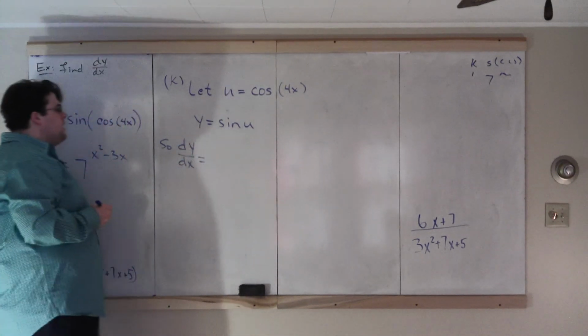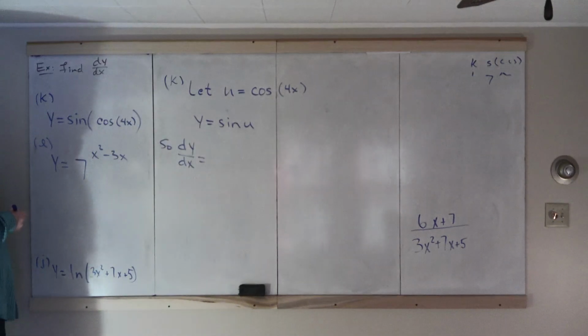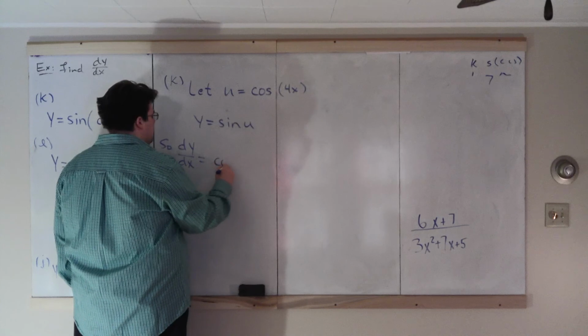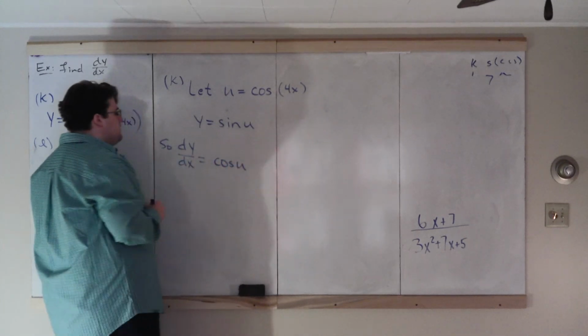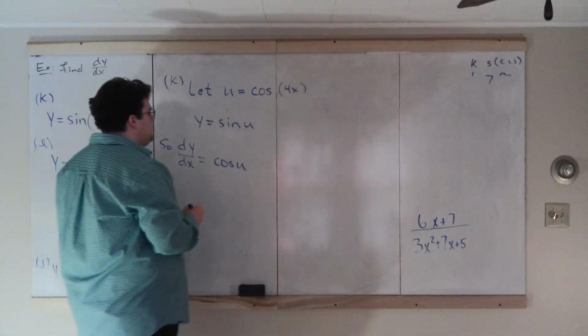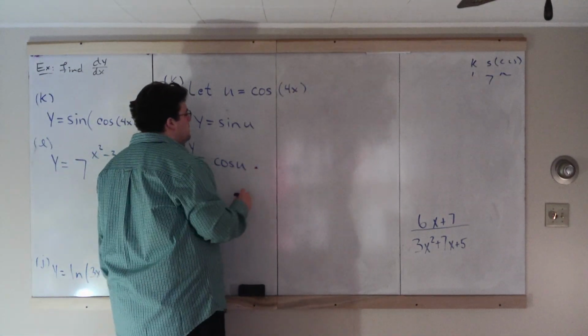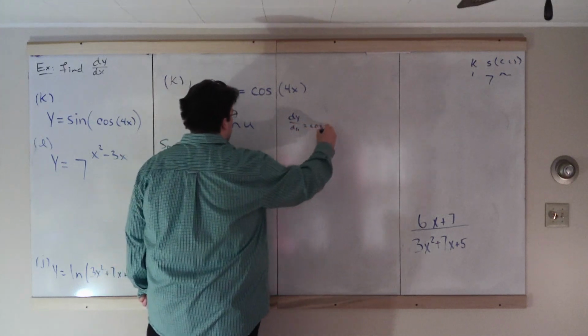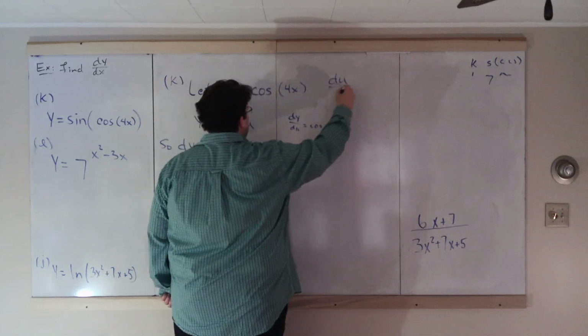So what's dy dx? Well, it's dy du, which is cosine of u, times du dx.